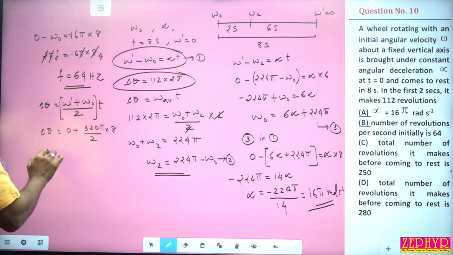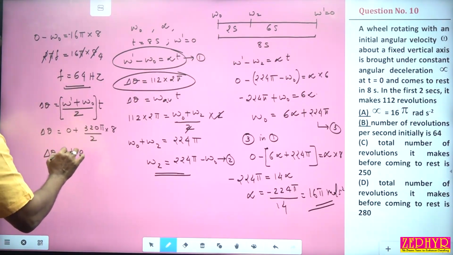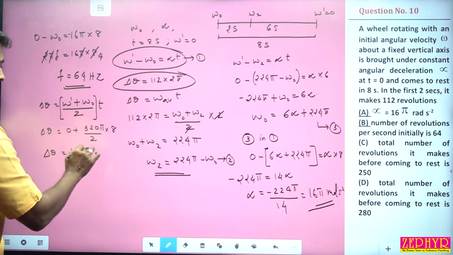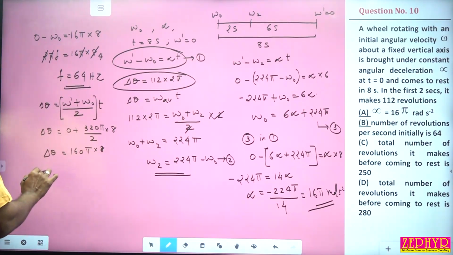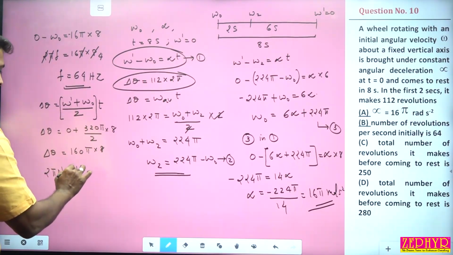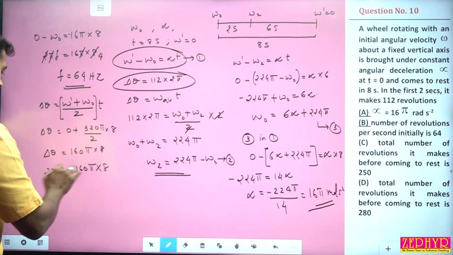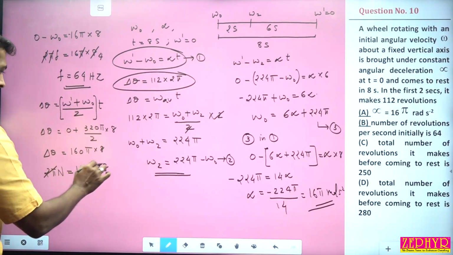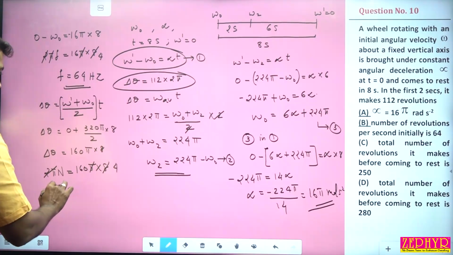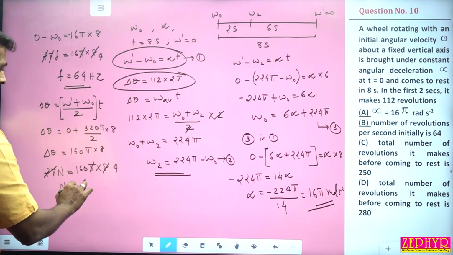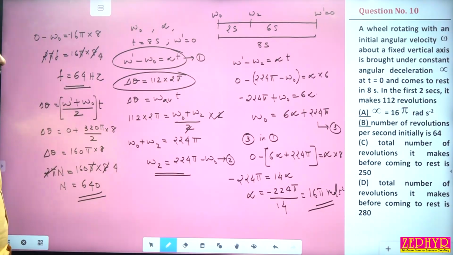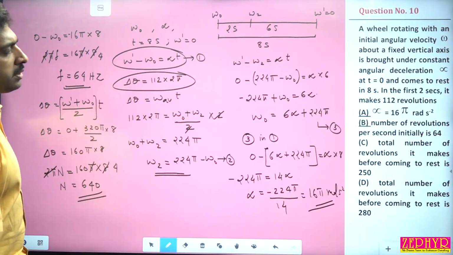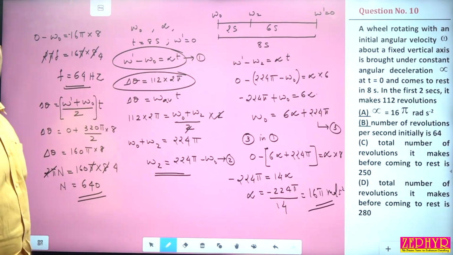So delta theta is equal to 160 pi into 8. Delta theta is 2 pi into the number of rotations, that is 160 pi into 8. So 2 pi is getting cancelled, it is 4. So n is equal to 640 revolutions. So the total number of revolutions is 640. So the correct options are option A and option B.